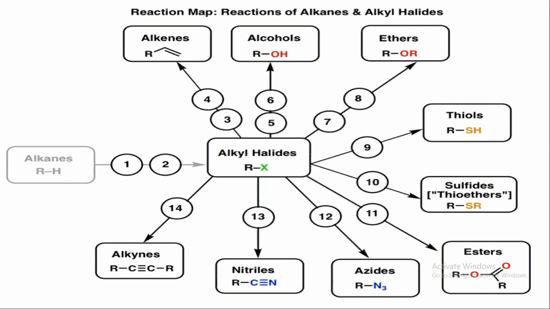Another reaction map, so that you just see and check, I have just given the numbers. Numbers 1 and 2 are for preparation, 3 and 4 are the preparation of alkene from halide, 5 and 6 from halide to alcohol, 7 and 8 to prepare ether, 9 to prepare thiol, 10 to prepare thioether, 11 to prepare ester, 12 to prepare azide, 13 to prepare nitrile, and 14 to prepare alkynes.